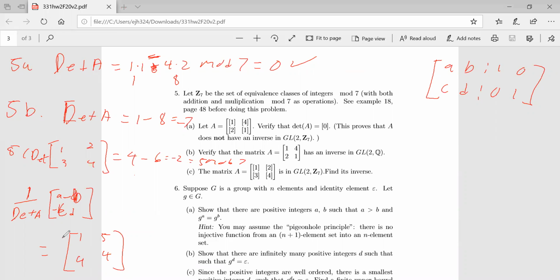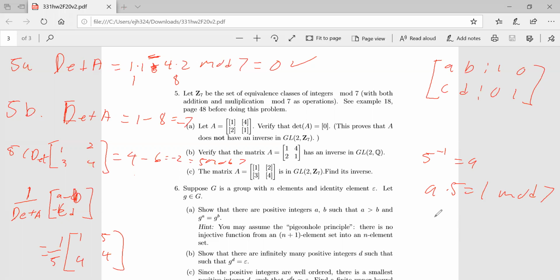Cool. And then we're still dividing by 5, right? But what does dividing by 5 mean? That's the equivalent of saying we're multiplying by 5 inverse. What is 5 inverse in this setting? In other words, what do I multiply by 5 to get 1 mod 7? 3. Exactly. 3 times 5 is 15, which is equal to 1 mod 7.